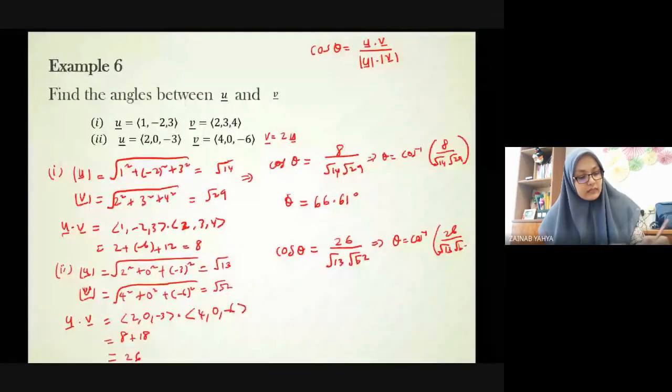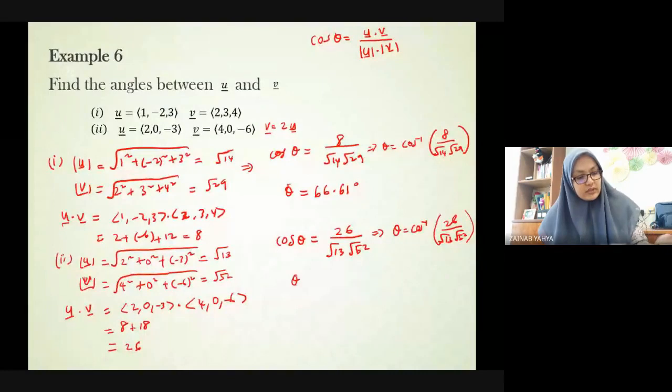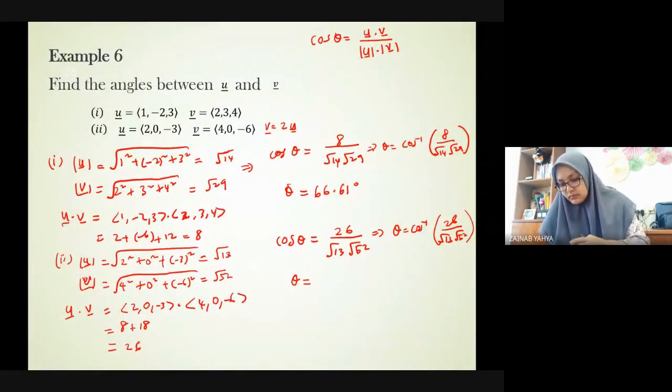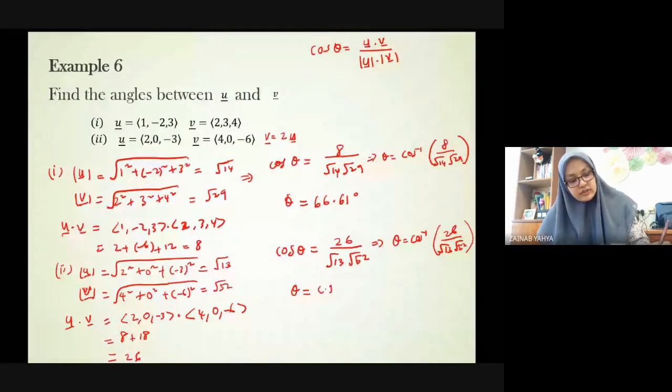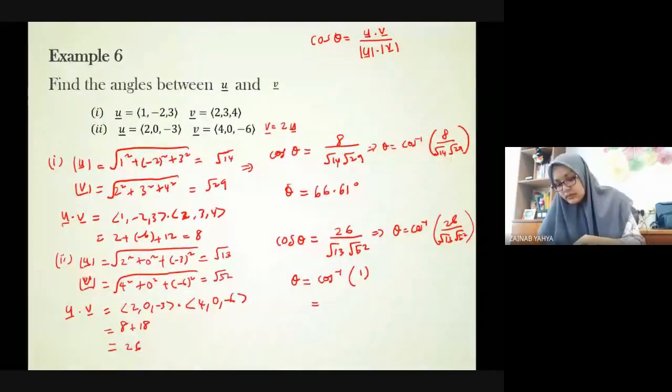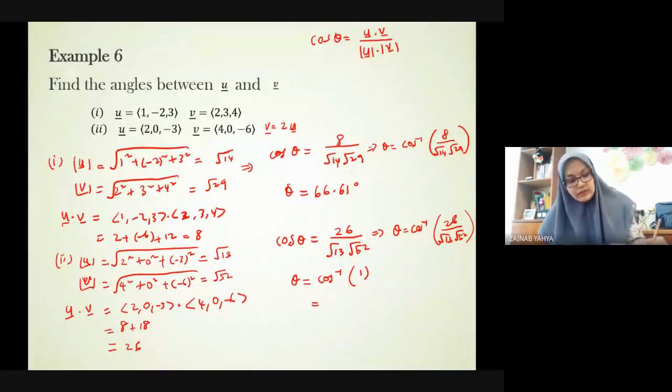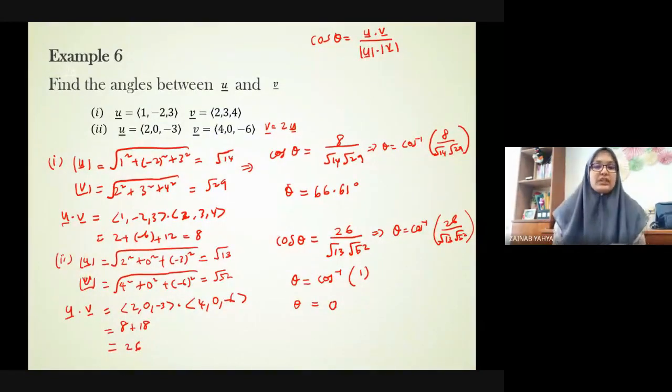So theta equals cos inverse 1, right? Which equals 0. See? Because these two vectors are parallel to each other. So that's why we get the angle equal to 0.